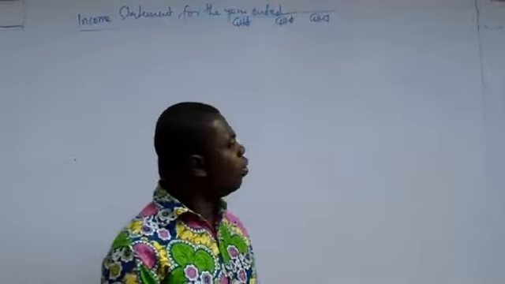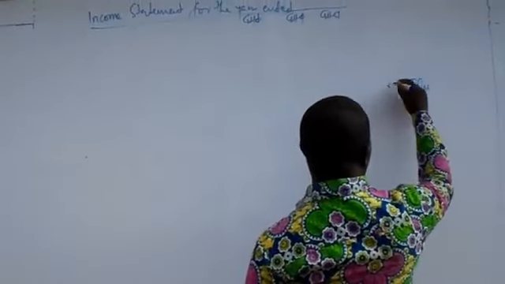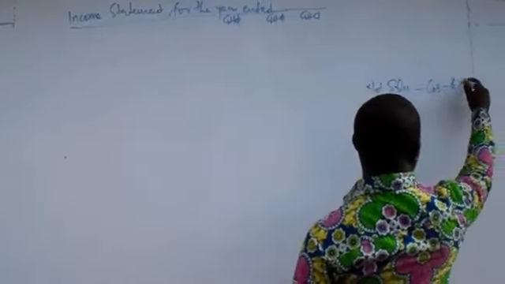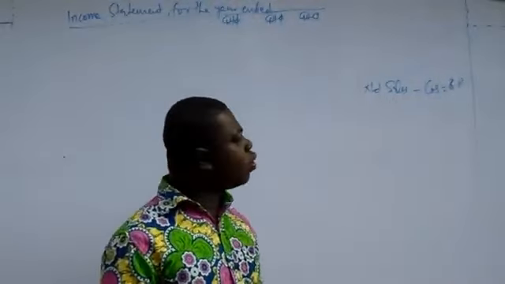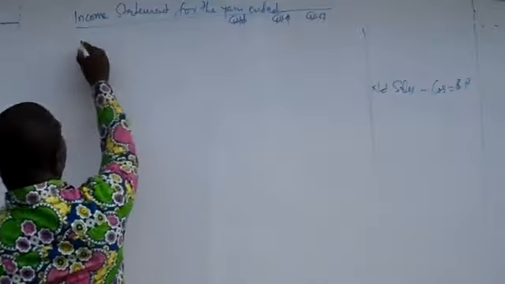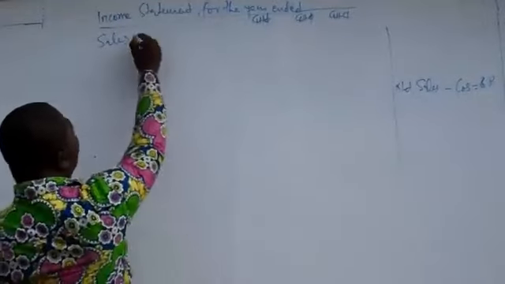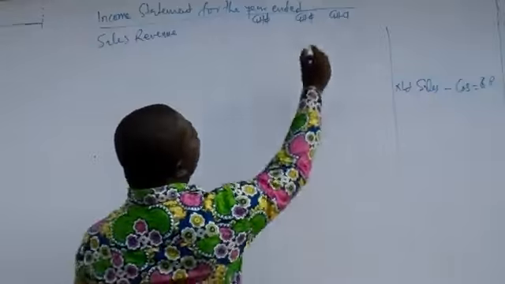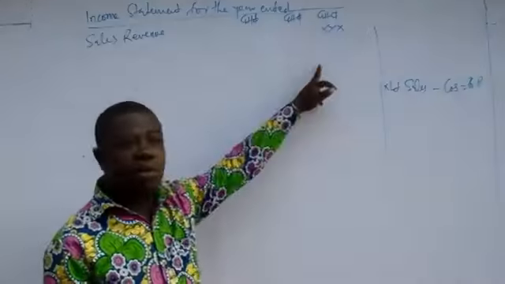Now, looking at the equation I gave, net sales minus cost of sales equals gross profit. So this is what we are going to do. We begin with our sales. All the time you begin with your sales revenue, and you record that on the last currency sign.